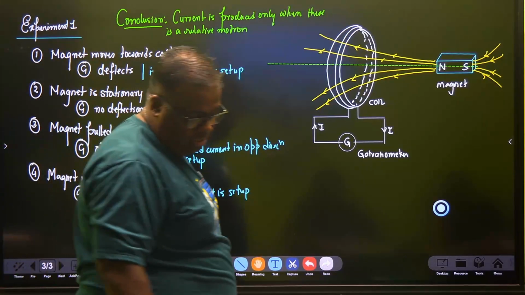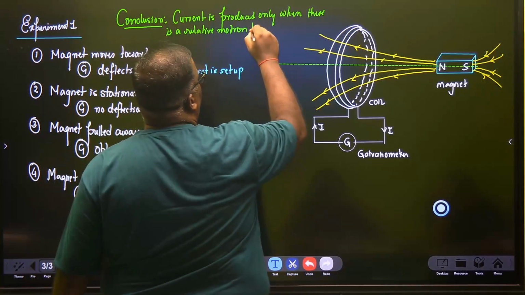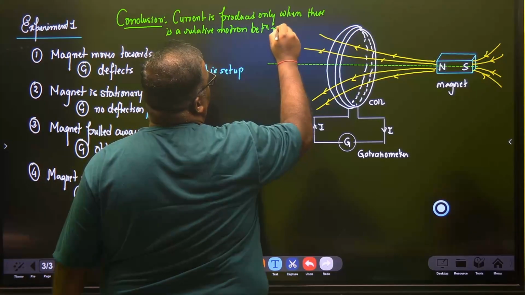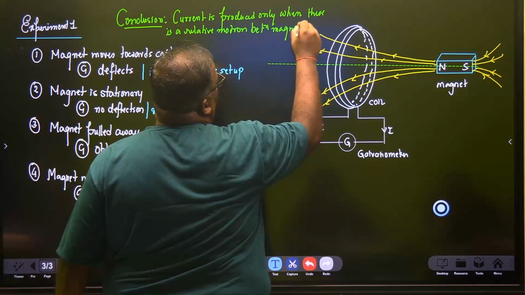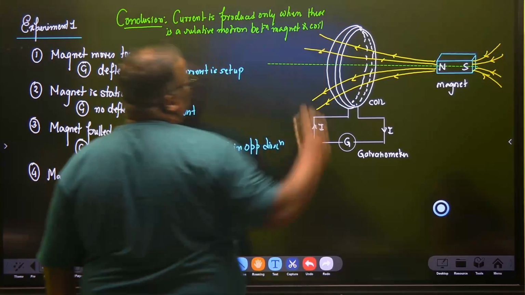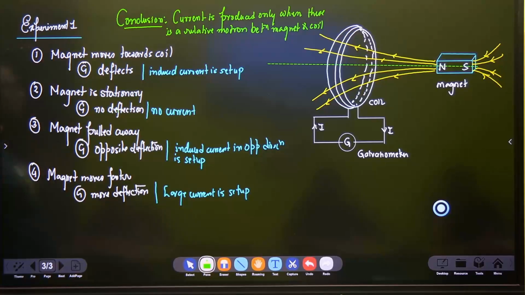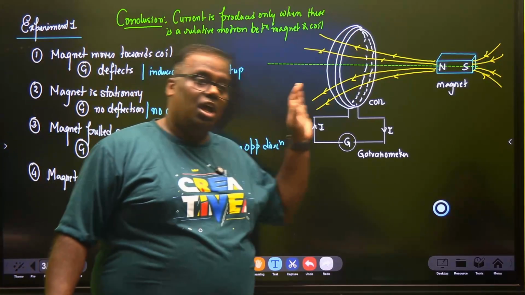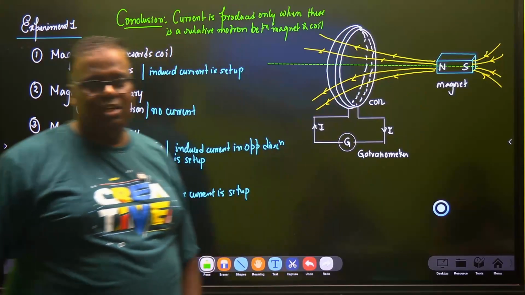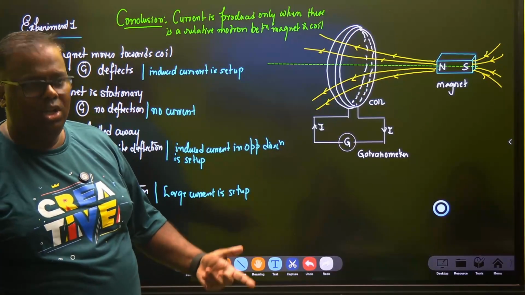Only when there is a relative motion between magnet and coil. See children, we will better up our conclusions. First conclusion is very crude. You just found if there is a relative motion. What does this mean? This also means that had you kept the magnet stationary and moved the coil, then also you would have seen an induced EMF.